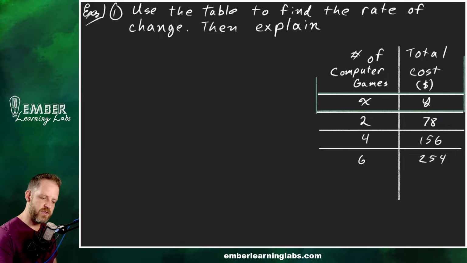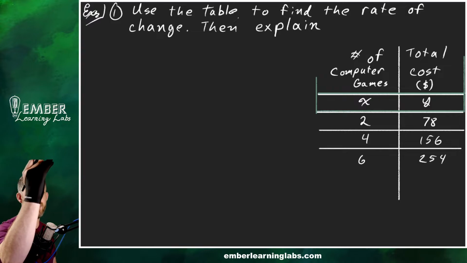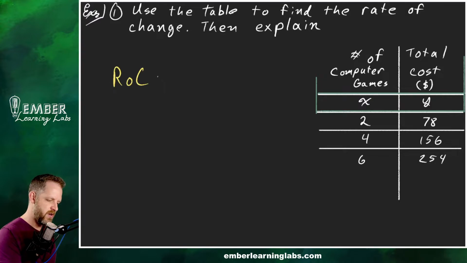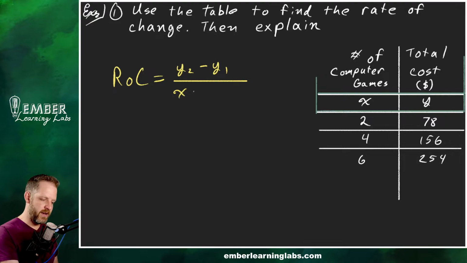To find the rate of change, it's the difference of the y's over the difference of the x's. Since we know it's linear, all we have to do is subtract the y's over subtracting a couple x's.